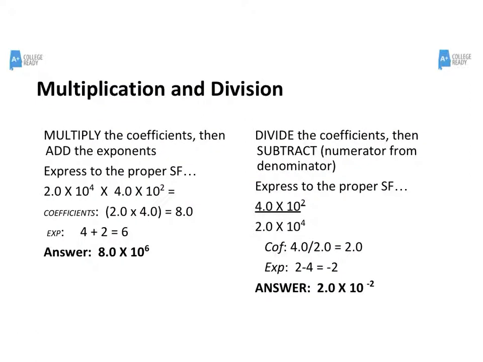So just to review, you want to multiply the coefficients and then add the exponents if you're multiplying scientific notation. And when you're dividing, you want to subtract the exponents.